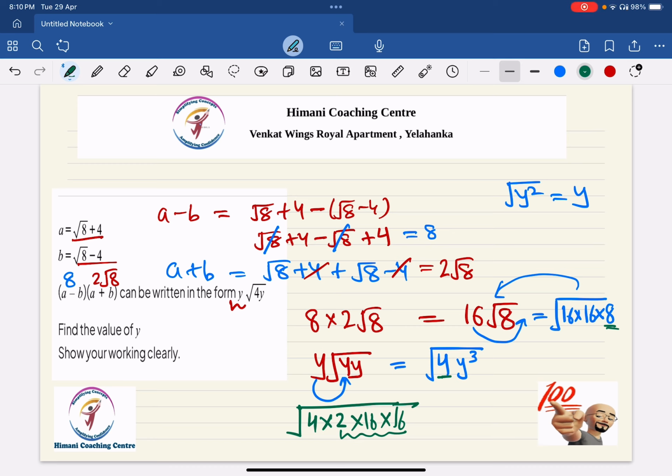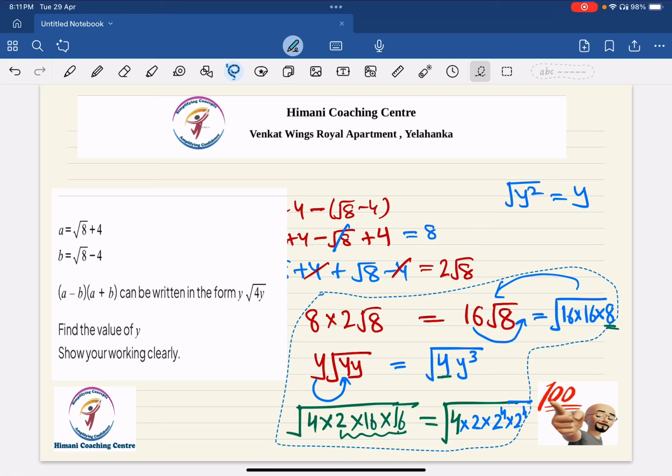Similarly, this other 16 is also 2 to the power 4. So let me use a different color. This is 4, and for this I am writing 2 into 2 to the power 4 into 2 to the power 4. Okay, and what will now happen? So let me just make space and solve this. Give me a second.